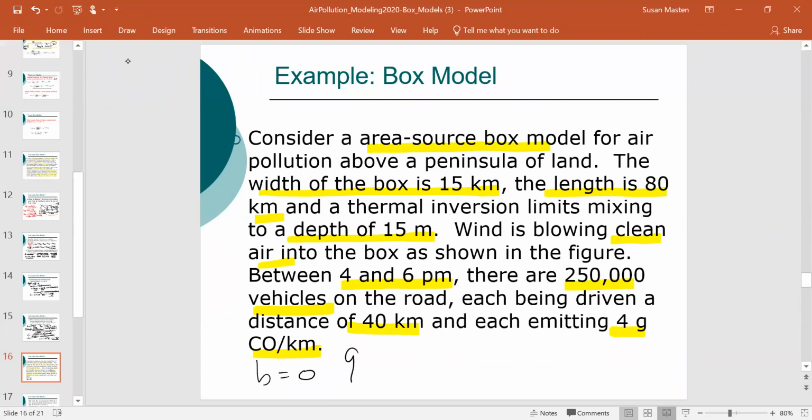So what do we have? Q sub S, we have 250,000 cars. Each car is driving 40 kilometers, and each car is emitting 4 grams of carbon monoxide per kilometer driven.